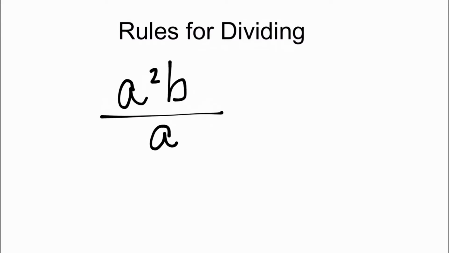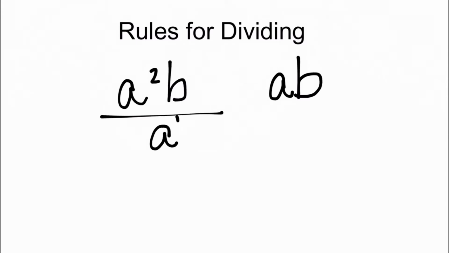Here, the only variable on the bottom is a, and it has an exponent of 1. So we do 2 minus 1, which is 1. Because it's positive, it stays on the top. If the answer is negative, we move it down to the bottom. But here it's positive, so it stays on the top, and the b stays the same.